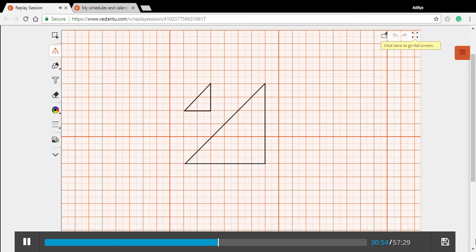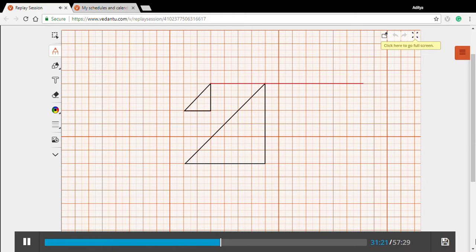Now, in order to get the center of enlargement, first of all, notice it's two. So it's one, two, three, four, five, six. So the scale factor is three. Now we simply join the lines like this, and you can extend it somewhere here.